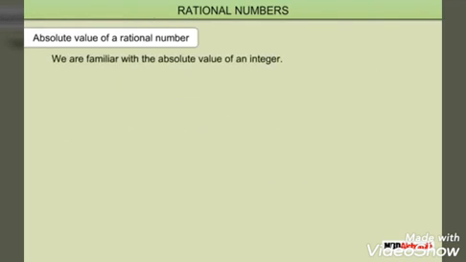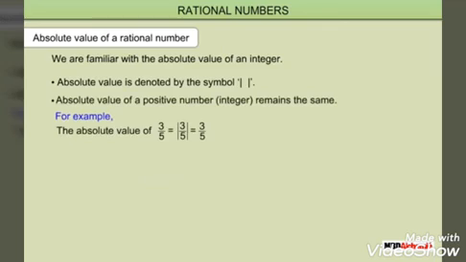Absolute value of a rational number. We are familiar with the absolute value of an integer. Absolute value is denoted by the symbol shown here. Absolute value of a positive number remains the same. For example, the absolute value of 3 upon 5 is equal to 3 upon 5. Absolute value of a negative number is always positive.